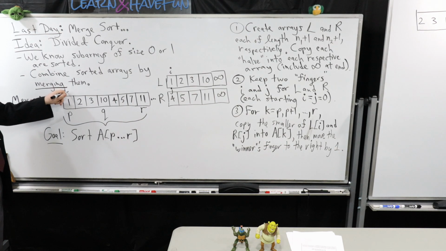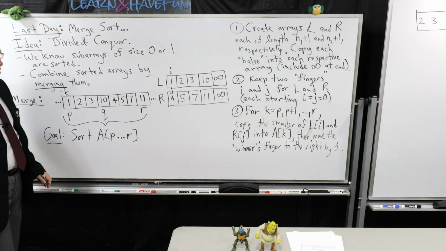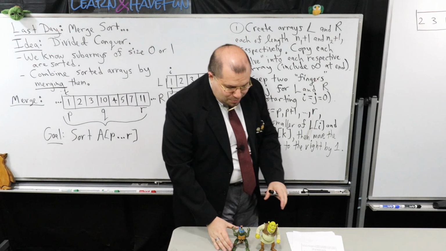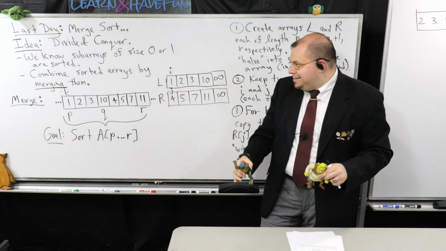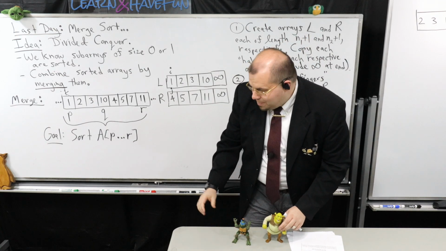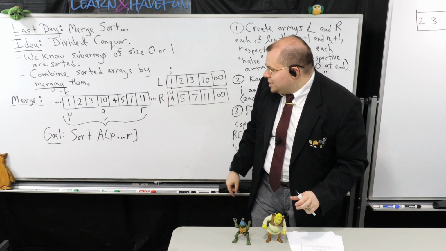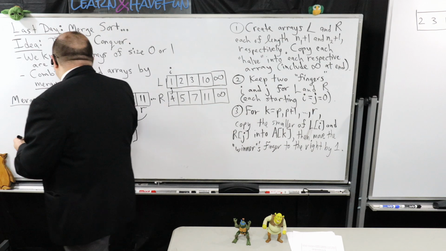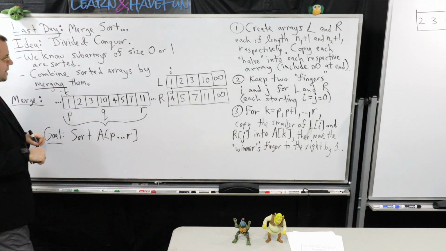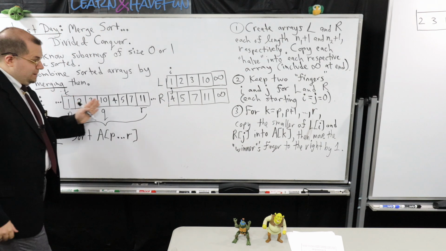You start off at this first position, and it starts playing the game. Which one wins? In this case, we established that Team L wins. So I'm going to copy 1 into position K, which right now is position P. Notice there's a 1 already there, so I'm just going to rewrite what's in there.